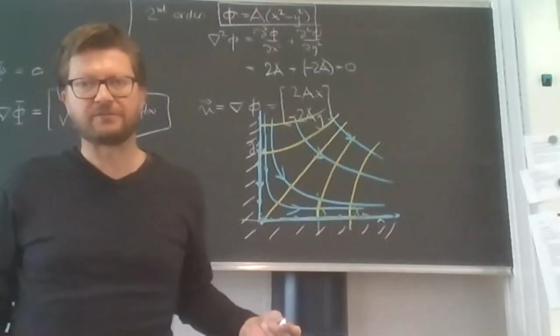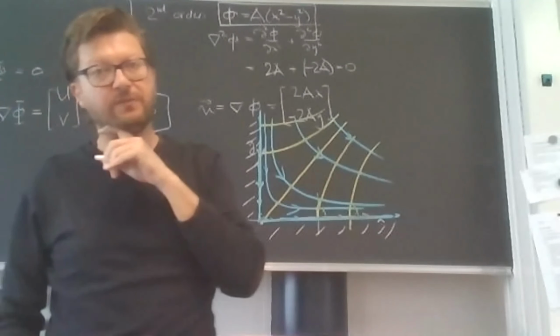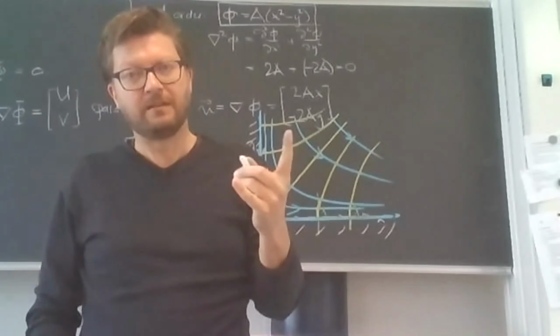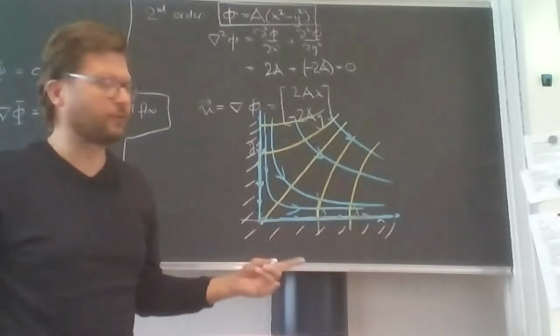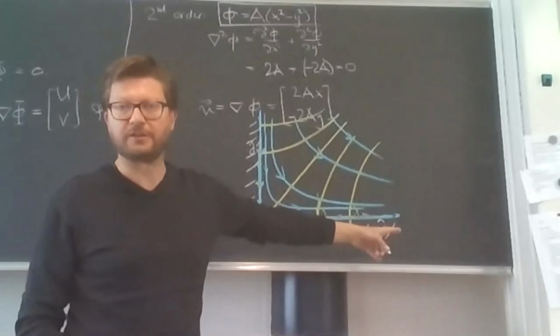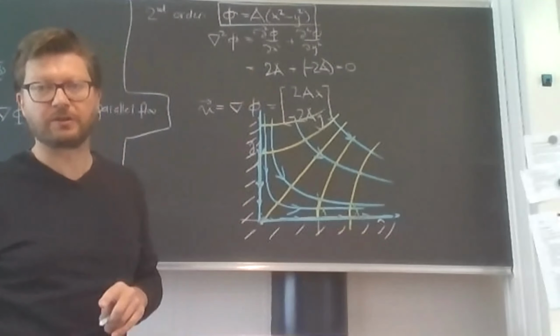So the flow field we have just drawn, the flow field that is described by this potential function, is actually the solution for the flow in a corner, the flow in a rectangular corner.